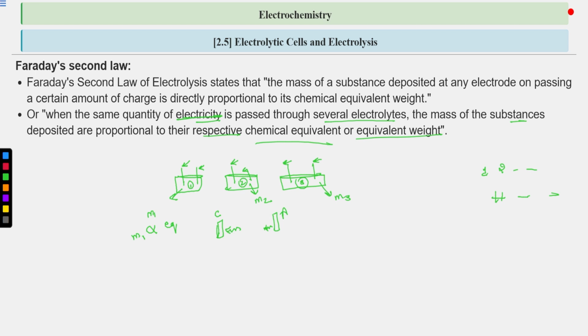Similarly in cell 2, m2 is directly proportional to its respective equivalent weight. Similarly m3, the mass of the deposited substance, is directly proportional to the equivalent weight of the substance. So this is what Faraday's second law is saying.